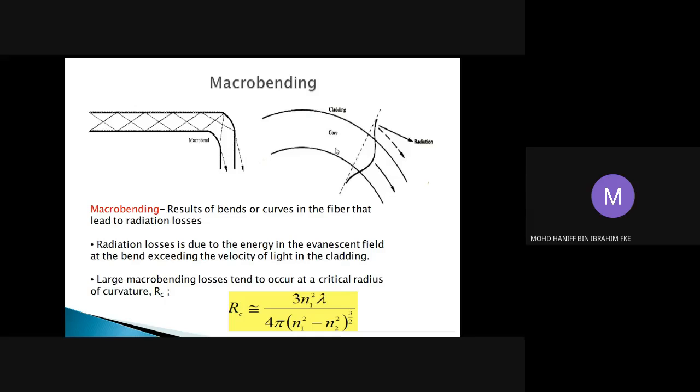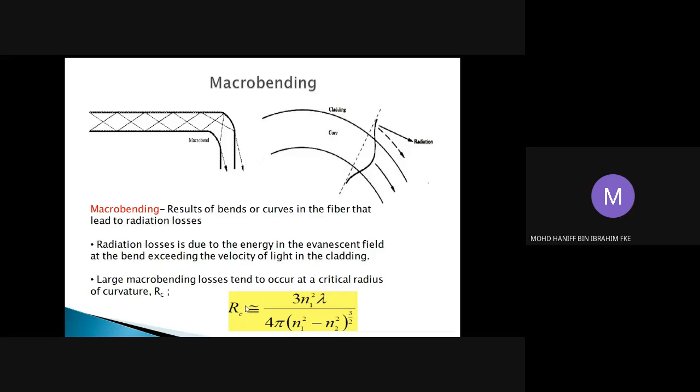Okay, so we can see that there is an effect of the critical radius of curvature, in which for this critical radius of curvature, RC, large macrobending losses will be incurred.